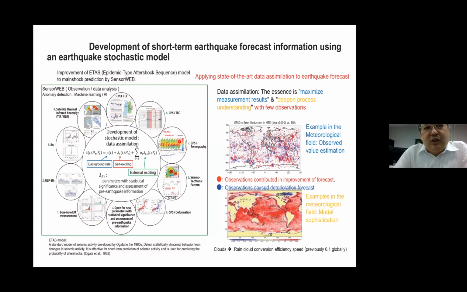This is a schematic view of forecasting using the stochastic model. The outside circle indicates the precursor parameters which we would like to see. One of them is a ULF electromagnetic signature, which I talked about today.